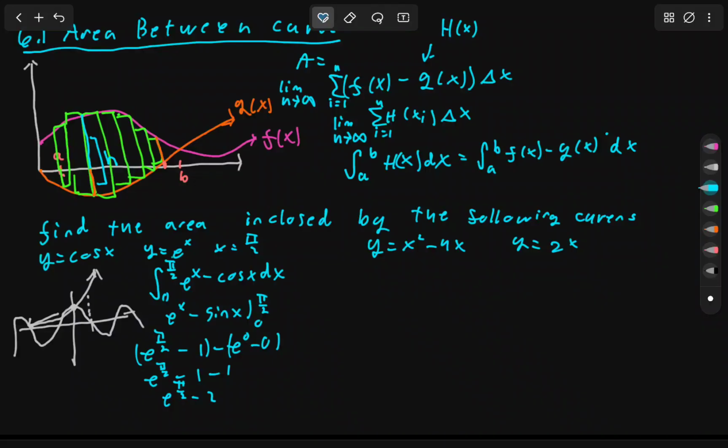Alright, so now we want to find the area enclosed by the following curves. What we do is start by sketching a graph. I think that's always helpful.